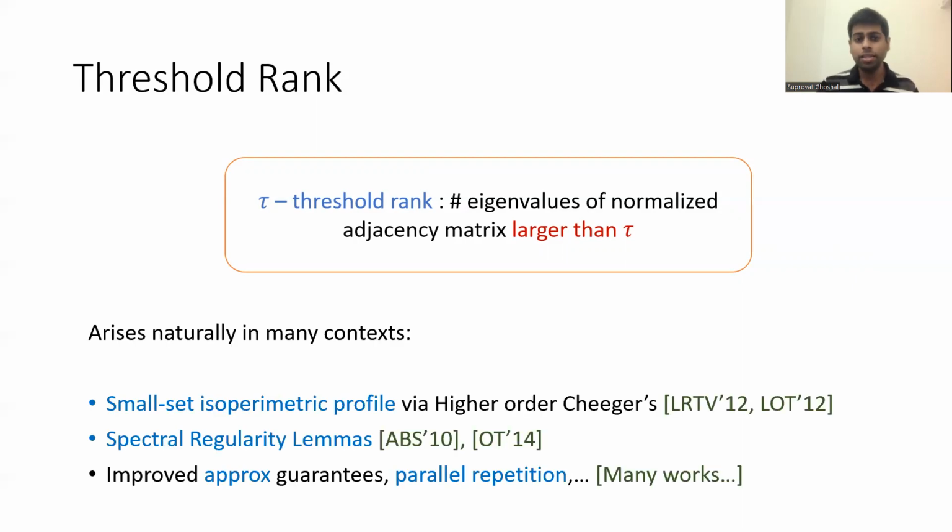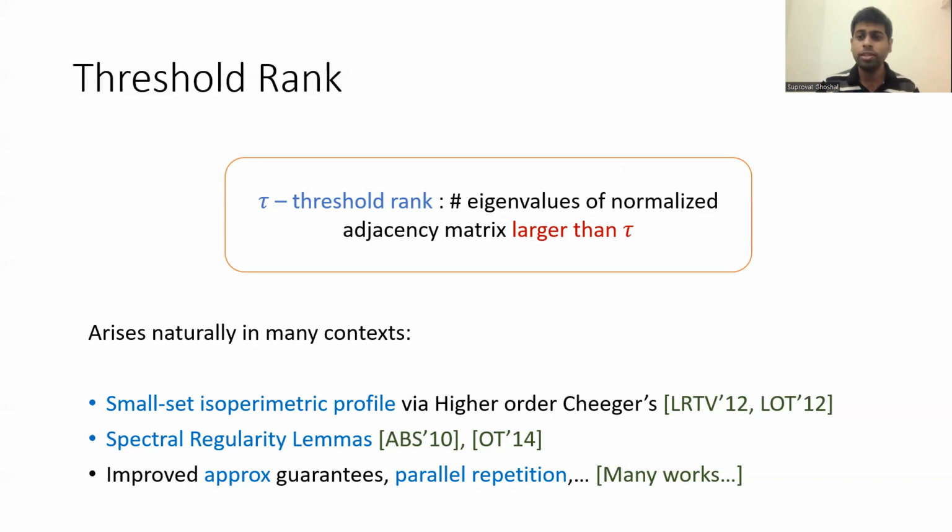Now, more generally, threshold rank is very nicely connected to several graph theoretic properties, and there are many fundamental results which use threshold rank in a fundamental manner. For example, there is this higher order Cheeger's inequality, which uses threshold rank to give quantitative bounds on the small set expansion profile of a graph.